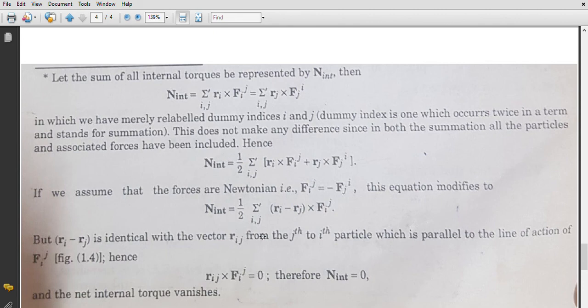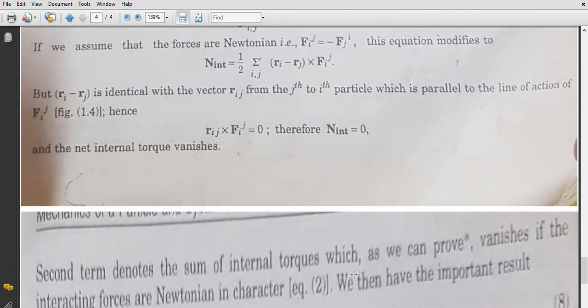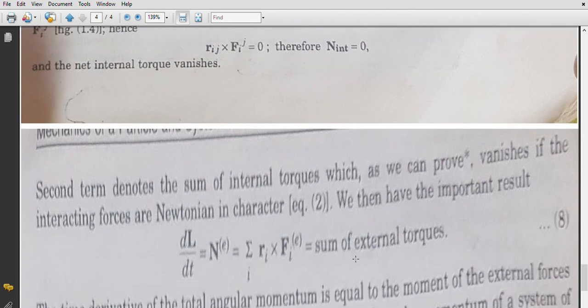So the internal torque arising from the n particle system will be 0, which I have written as N internal equal to 0. The internal torque hence vanishes. The only torque we are left with is the external torque.